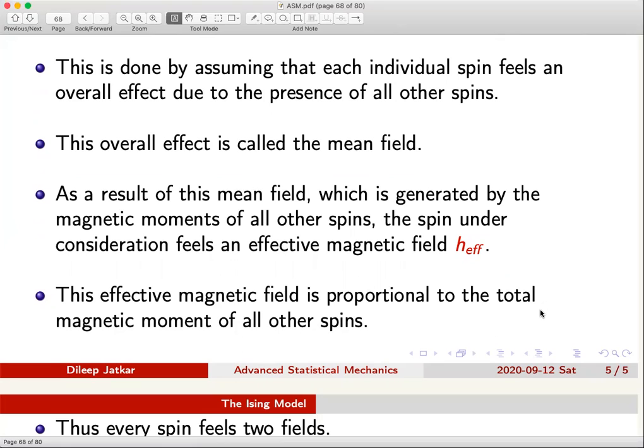So many of these calculations in mean field theory, on what is called the mean field approximation, are done self-consistently. You get an expression where the left-hand side involves some quantity that you want to observe, but that quantity depends on a function of the same quantity. We will see it in a few minutes, in fact.